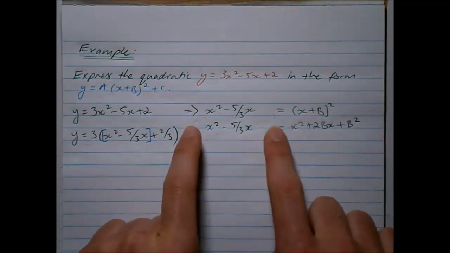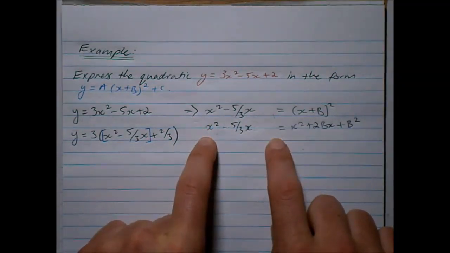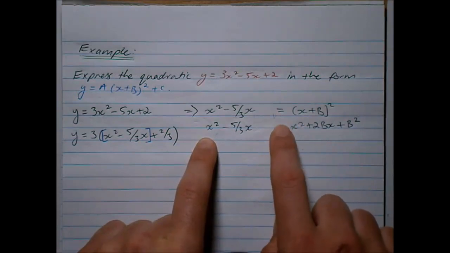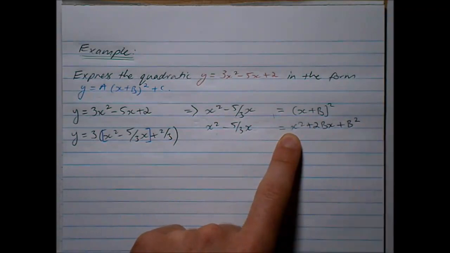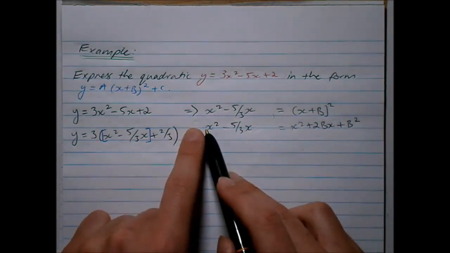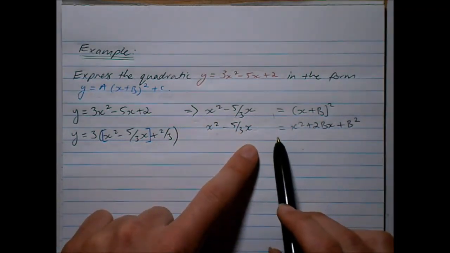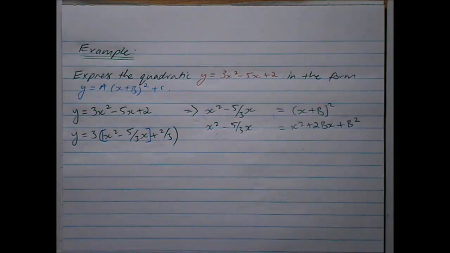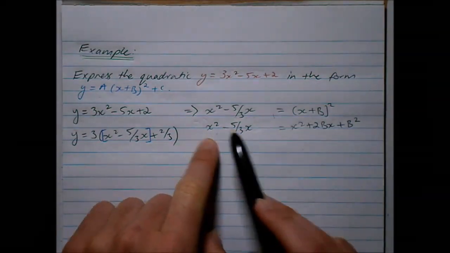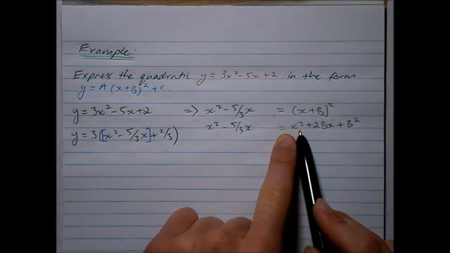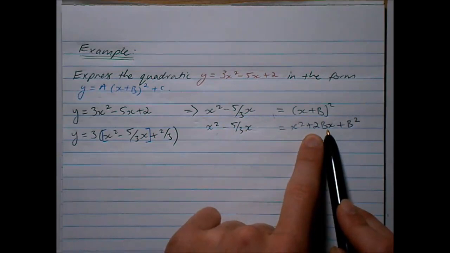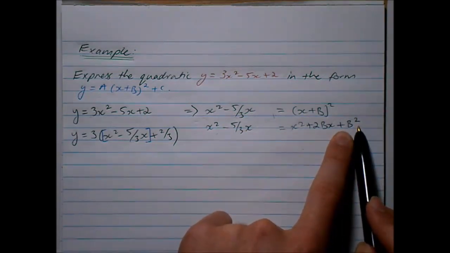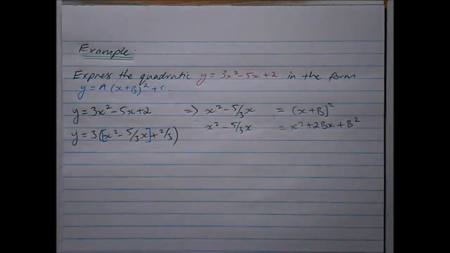What this is saying is that the quadratic on this side must be exactly equal, that's what this equal sign is saying, to this right-hand side. So the coefficient of each of these terms has to be equal. The coefficient of x squared on this side is equal to the coefficient of x squared on that side. The coefficient of x on this side is equal to the coefficient of x on this side, and this leftover numeral also has to be equal on both sides.